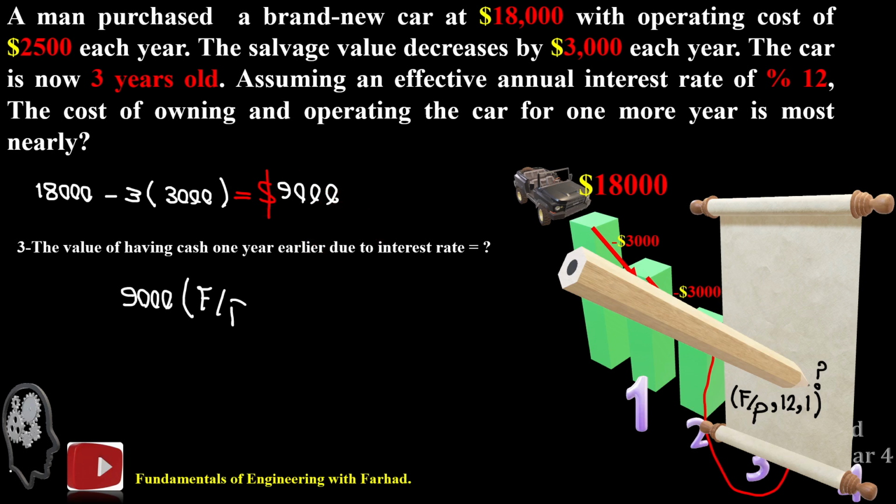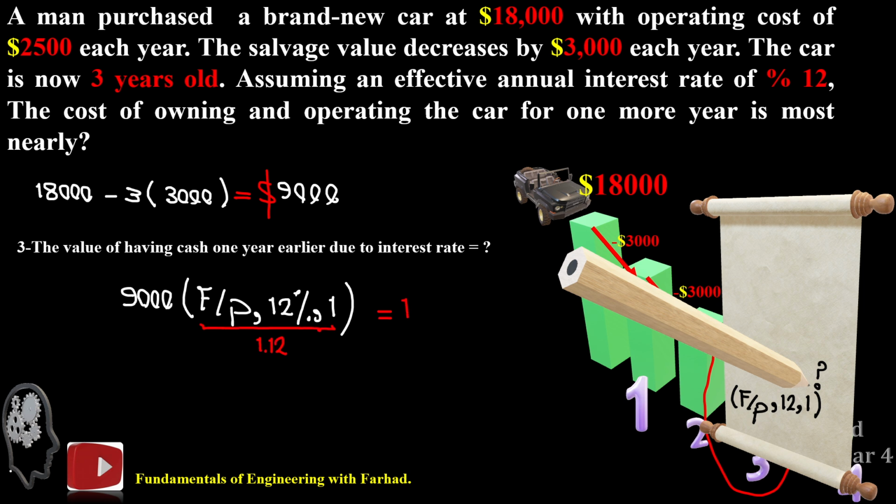Then we want to know what this 9,000 is in terms of future value one more year from the present value at year three, at 12% interest, to reach the end of year four.